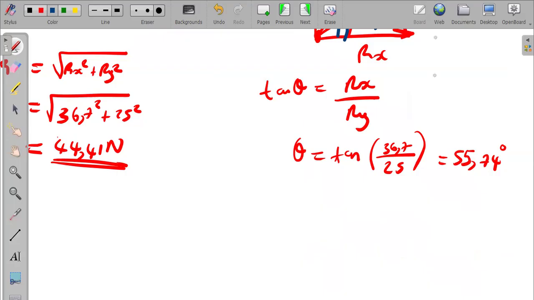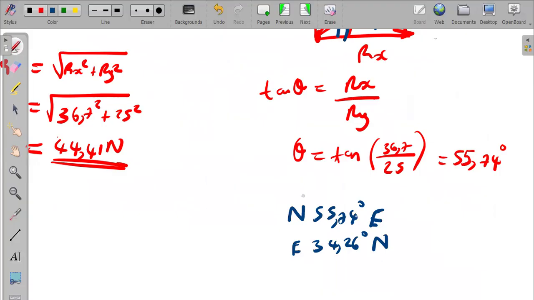We can write how we indicate the direction using bearing. We can write it as north 55.74 degrees east, or we can say east 34.26 degrees north, which will still be correct.